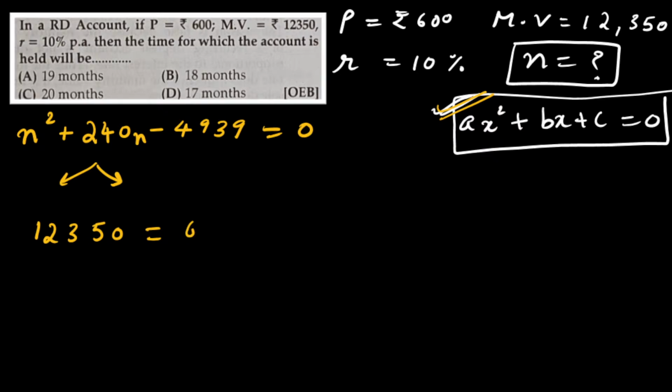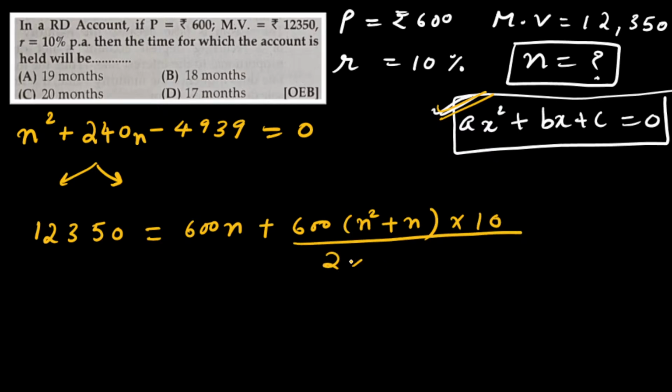So it is 600n plus P into n into n square plus n. I can write R is 10 by 2 into 12 into 100. So 2 zeros will get cancelled here.